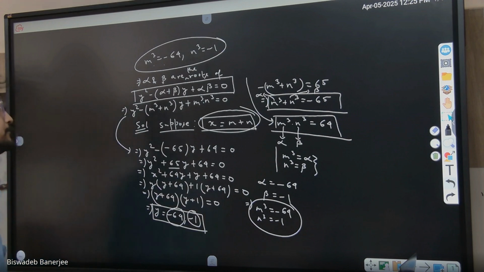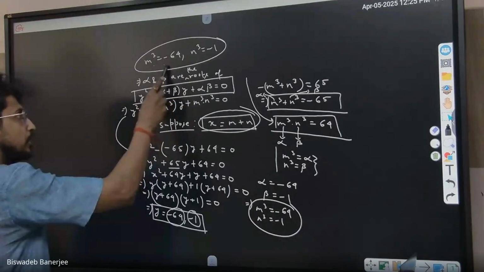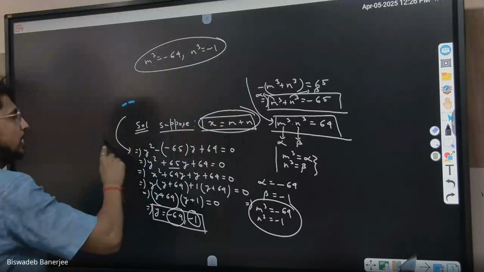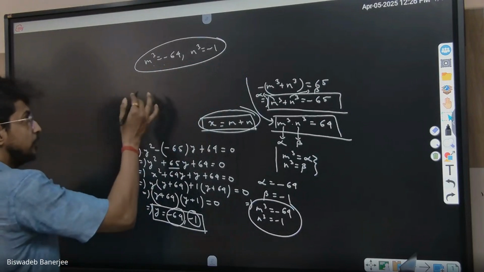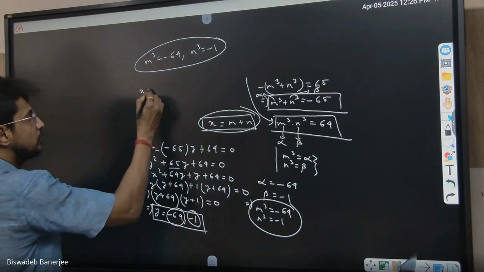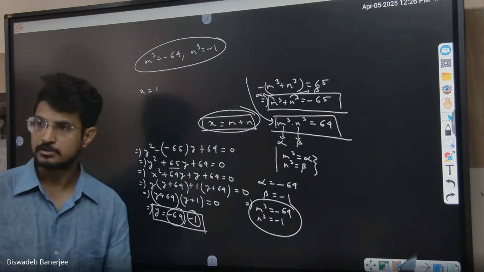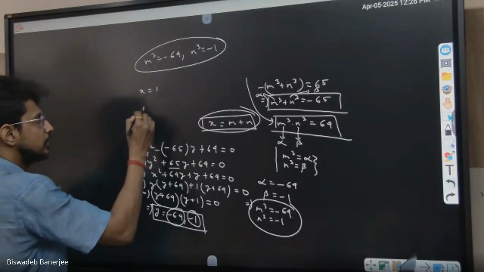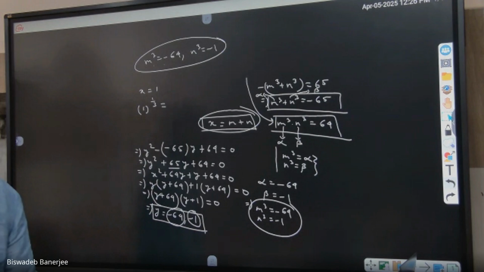Then we know our result under complex numbers. The result was, if x is 1, then what is the cube root of 1? Basically, 1 to the power 1/3 is what?